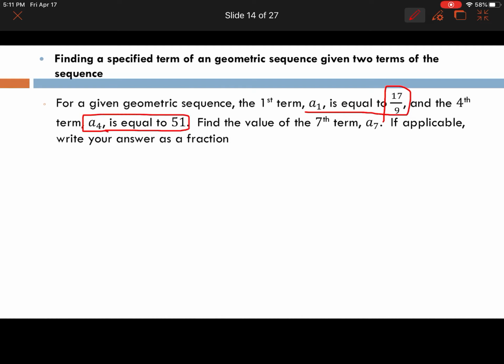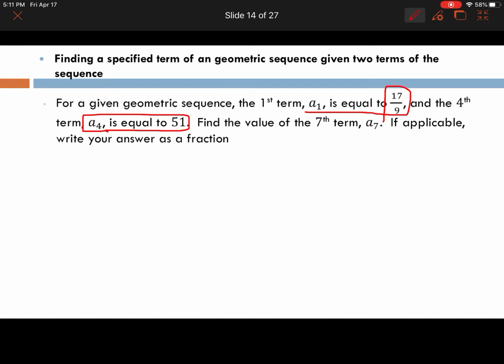Okay, so we want to keep our answers as fractions, not decimals, because if you plug in 17/9 to start off, then we would have repeating decimals, never ending. We'd have to round off, and then we would have an error.